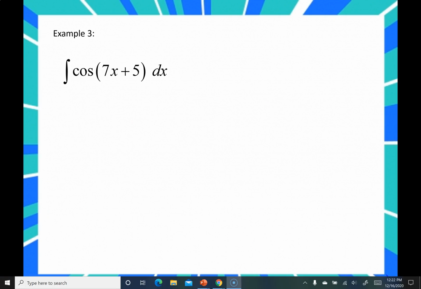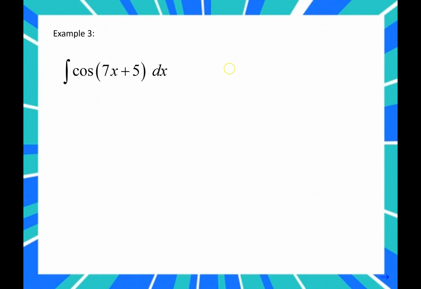All right, on this particular one, this sounds like an integral we have no idea how to do. So we're going to get a lot better at figuring out what our u's are going to be. But I'll tell you right now, it's going to be 7x plus 5. Take the derivative of that, and I just get a 7 dx.